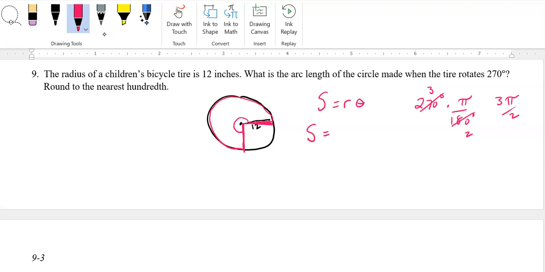So the arc length is going to be the radius times theta in radians. And now you're ready to go to your calculator. And 12 times 3 times pi.